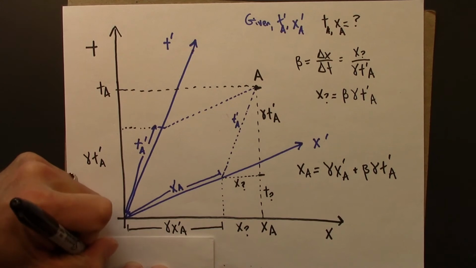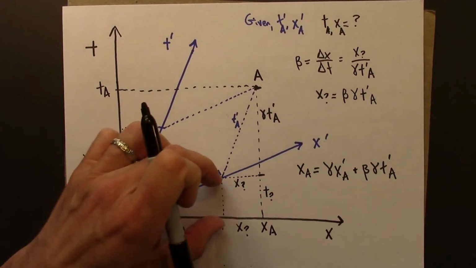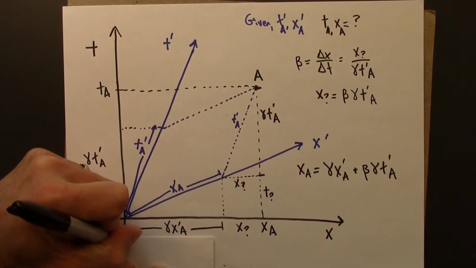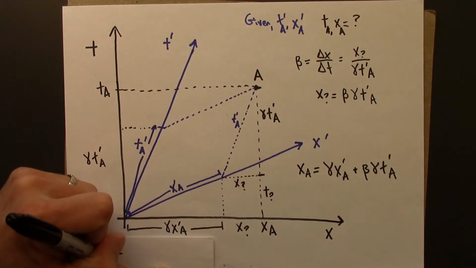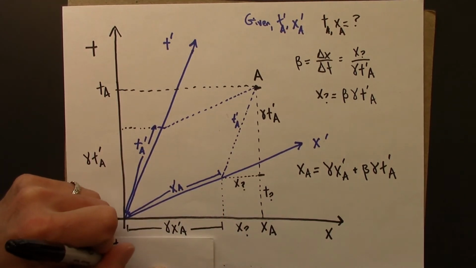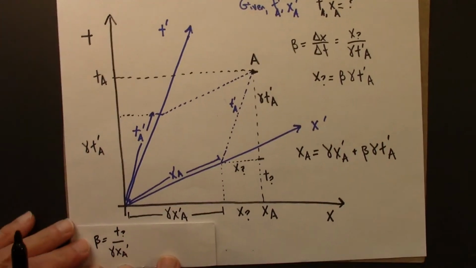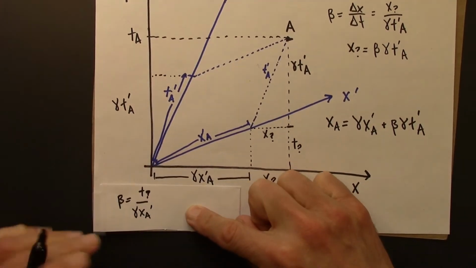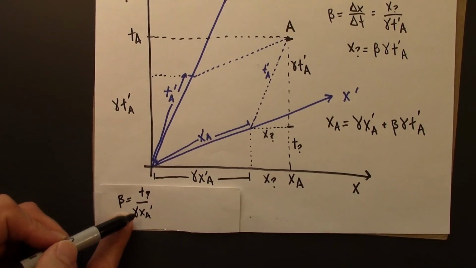All right, so the slope is beta. And so rise over run, that's the rise, t question mark. This length, the run, is gamma x prime A. I'm sorry that you couldn't see that. So what I said was beta, that's the slope, rise over run.